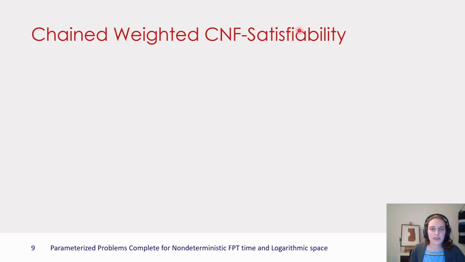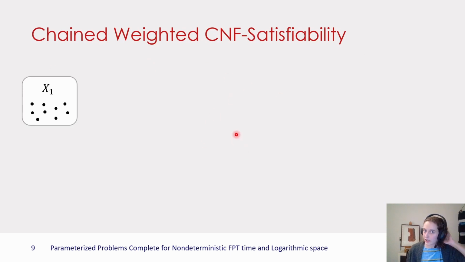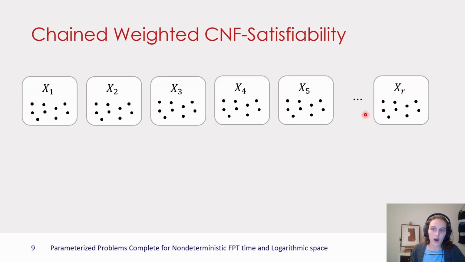Okay, so chained weighted CNF-satisfiability. Normally in satisfiability, you're given a set of variables and you want to give a true/false assignment such that some CNF formula is true. And now instead of just having one set, we have r sets.